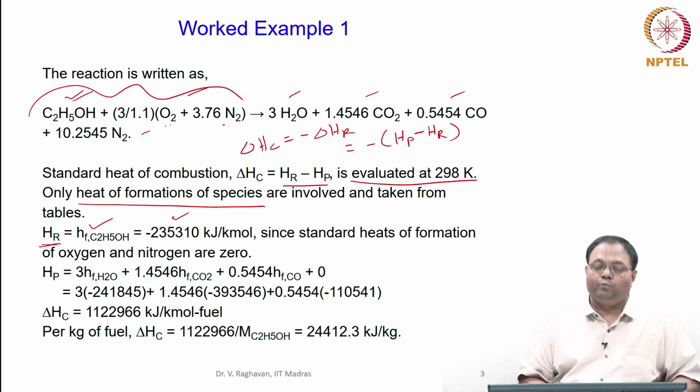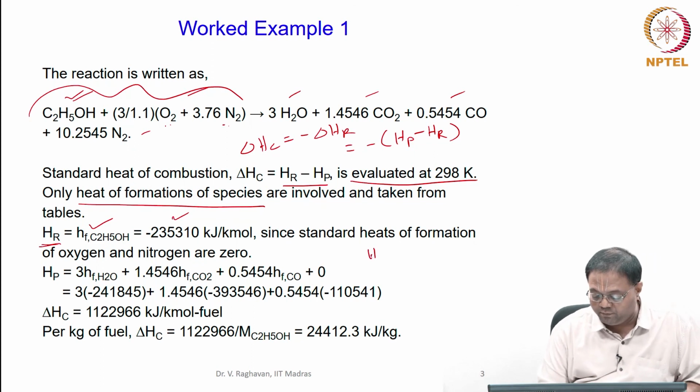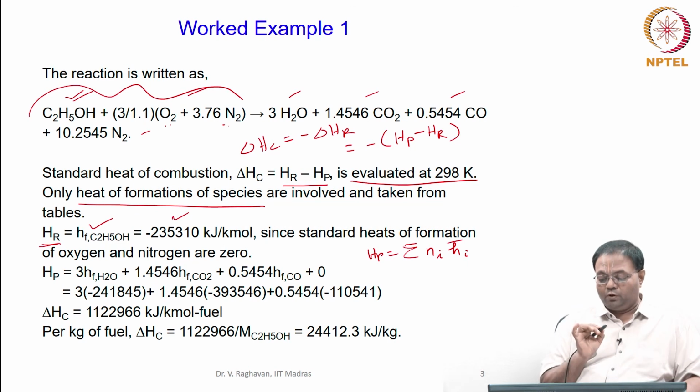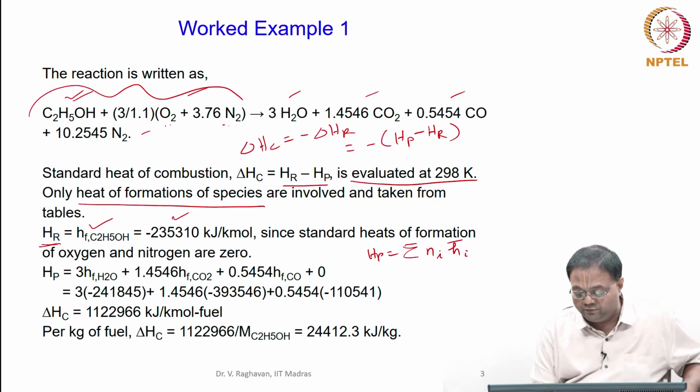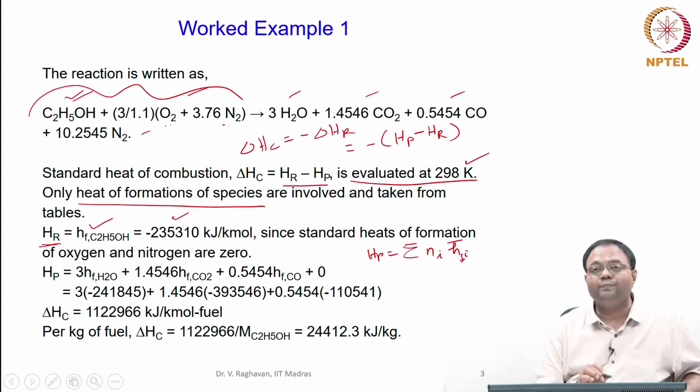Then what is the enthalpy of products? Enthalpy of product is nothing but sigma Ni Hi. Now, since we are talking about 298 Kelvin, this is Ni times the heat of formation.